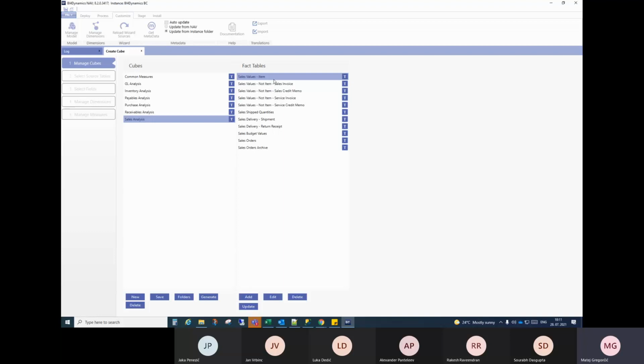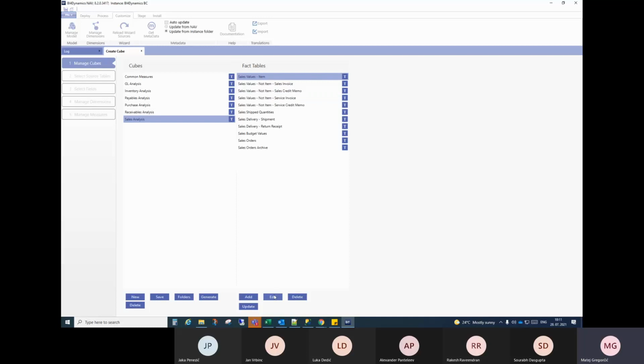This specific fact is orientated on the sales values of the item. Of course, in sales you can sell many things. You can sell an item, or it can be a financial invoice, so a financial transaction, or it can be a service. That comes under a different fact.